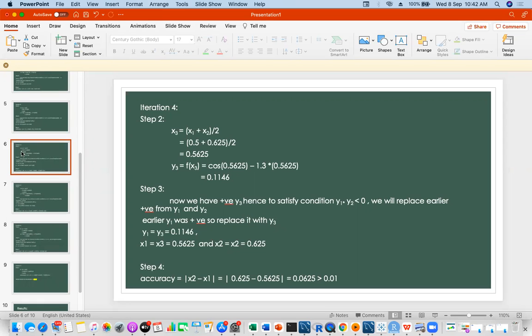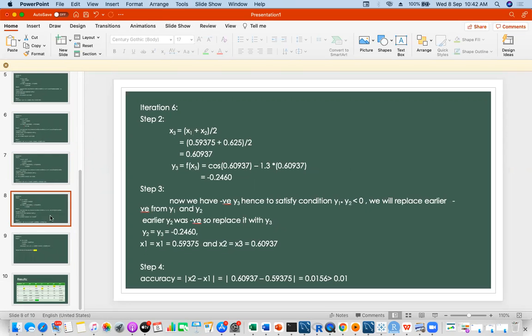Here in iteration 6, we get accuracy of 0.0156, which is just near 0.01. So we understand that in the next iteration we are going to reach the accuracy level of 0.01.